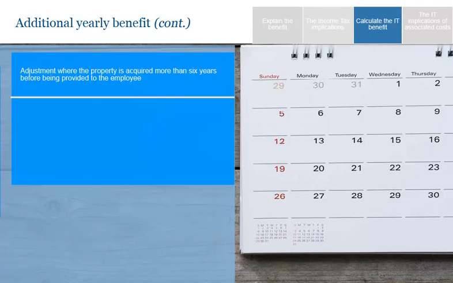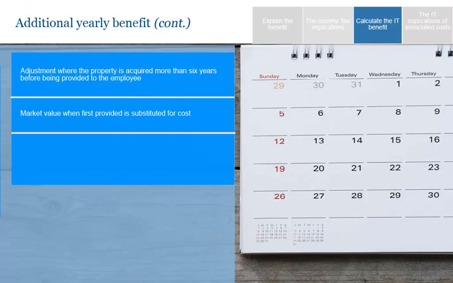Following on from my previous comment, there is an adjustment in calculating this additional benefit where the property is acquired more than 6 years before being provided to the employee. In this case, in that calculation of original cost minus 75,000 times official rate of interest, the original cost is replaced by the market value when first provided to the employee.